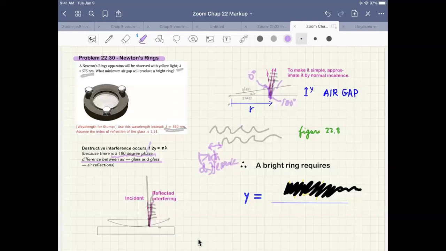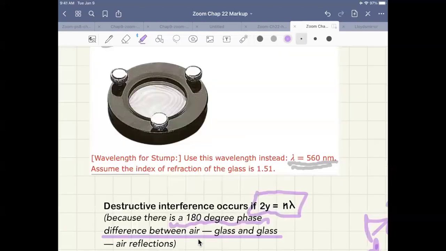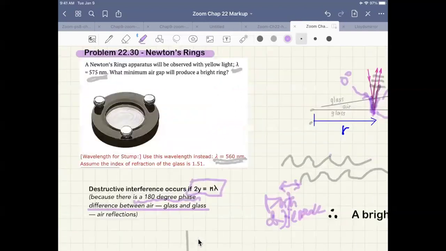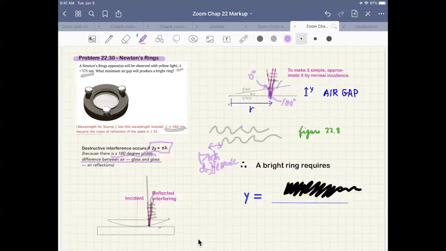So if 2y is an integer number of wavelengths, then because of the extra 180-degree phase change, you'll have destructive interference. That'll give one of these dark rings. On the other hand, between the dark rings, there'll be bright rings.